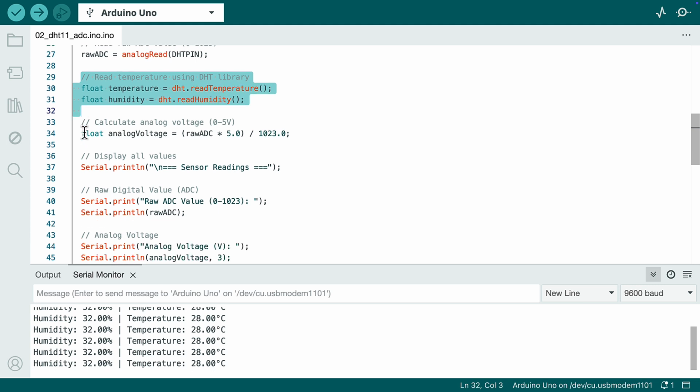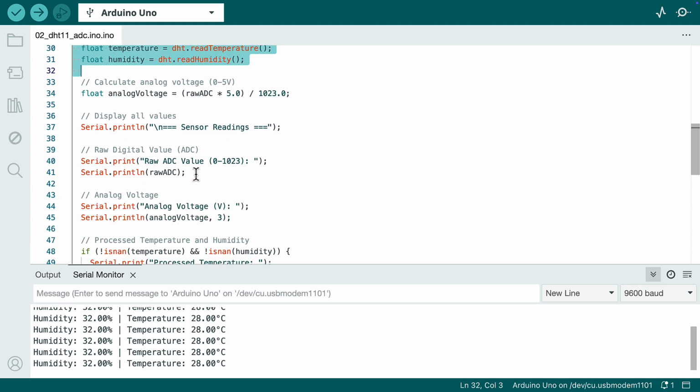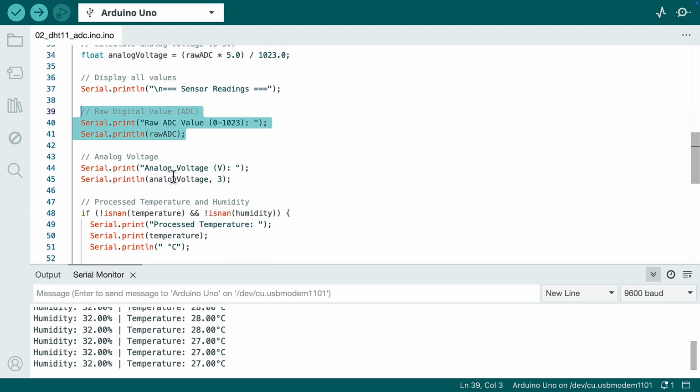It will do the conversion. And I will also collect the raw ADC value, and also the analog and the digital value. So this is the digital value, and this is the analog voltage value. Okay, let's try to upload.